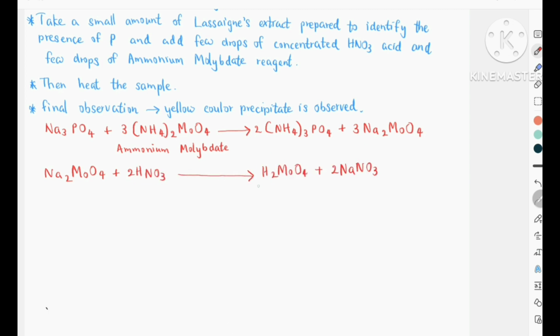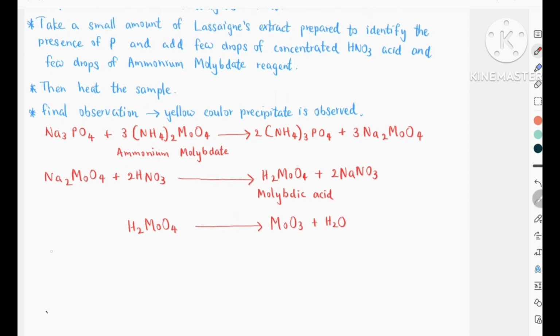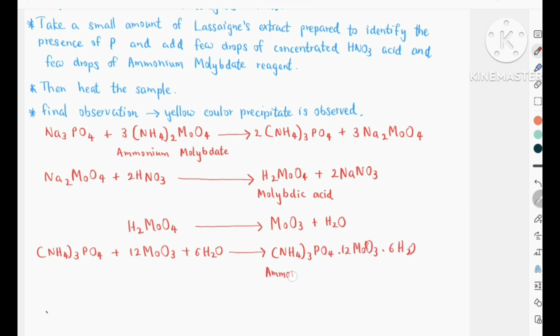This forms molybdic acid and sodium nitrate. Molybdic acid breaks down to form molybdenum trioxide and water. This is the chemical reaction that shows the formation of the yellow colored precipitate, ammonium phosphomolybdate.